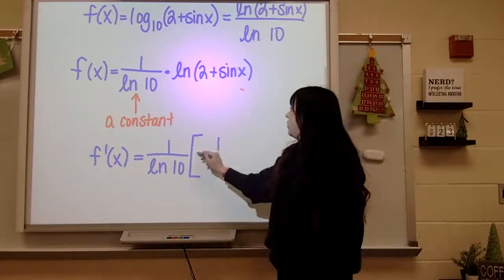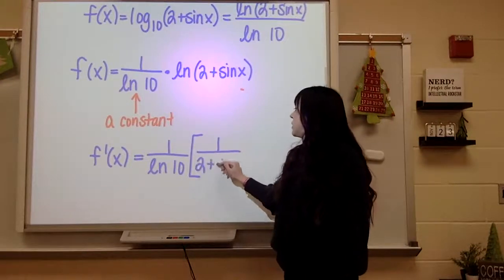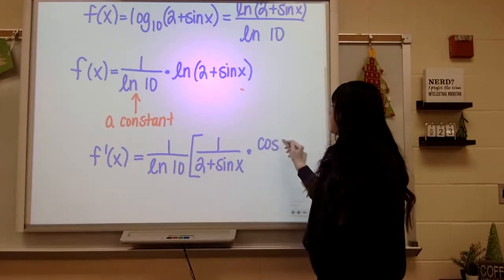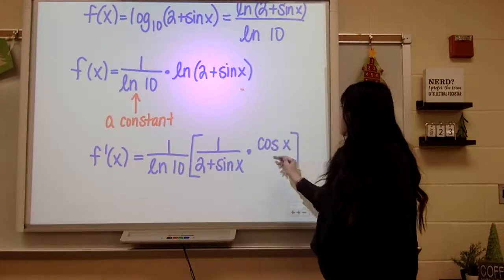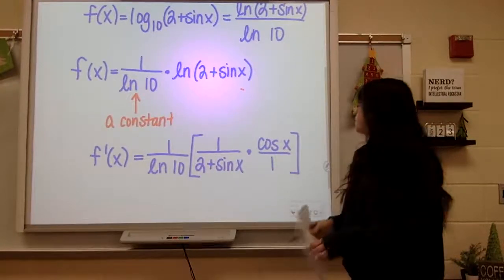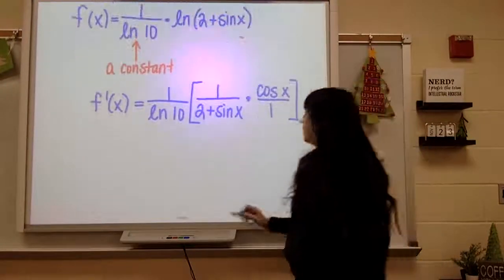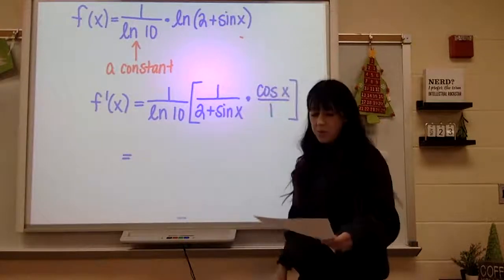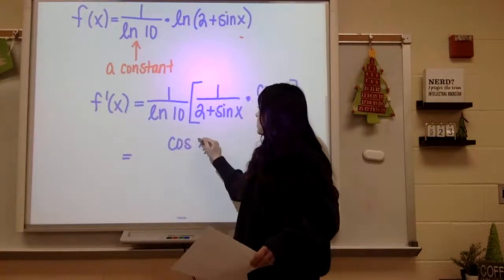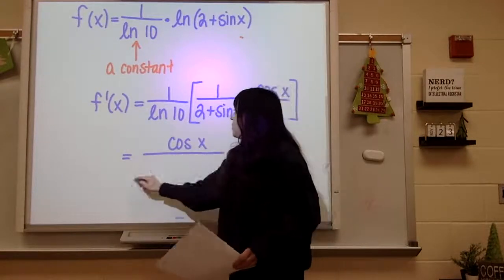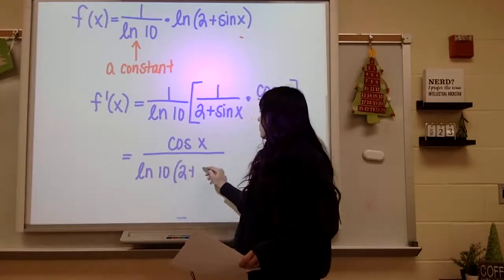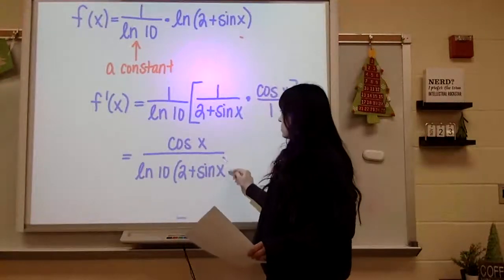So that would be 1 over 2 plus sine x times the derivative of baby, which is cos x. I'm going to put it over 1 so I can see everything all together. And let's clean this up. So my answer, if I clean it all up, would be cos x over ln of 10 times 2 plus sine x.